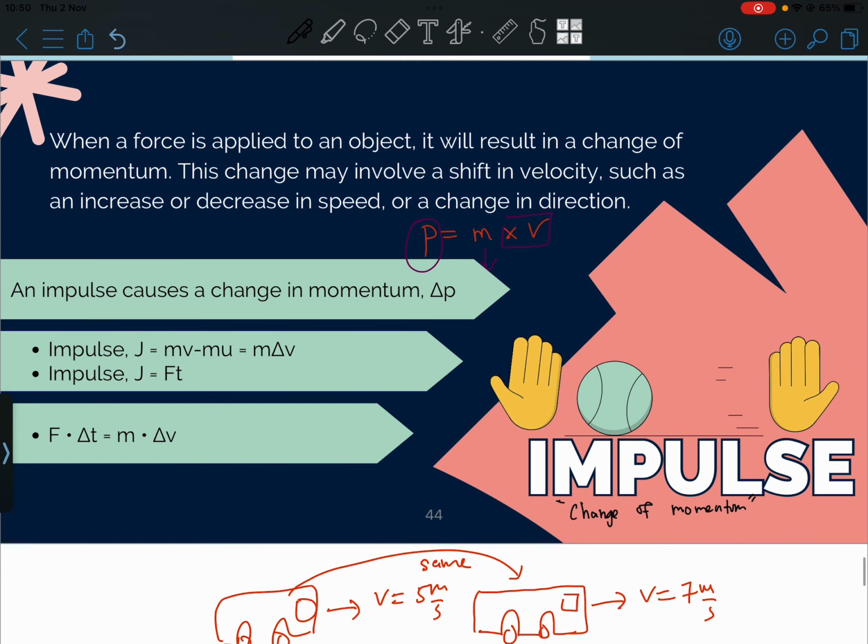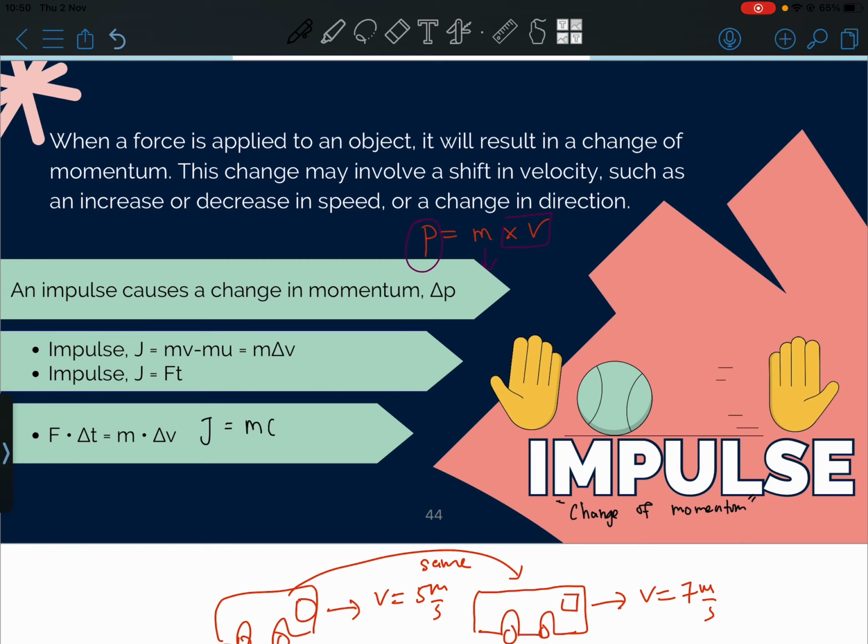So the formula, of course, impulse is given by J, symbol J. J equals M times (V minus U). M is a constant, the same if we don't put in or take out particles or matter inside the object.